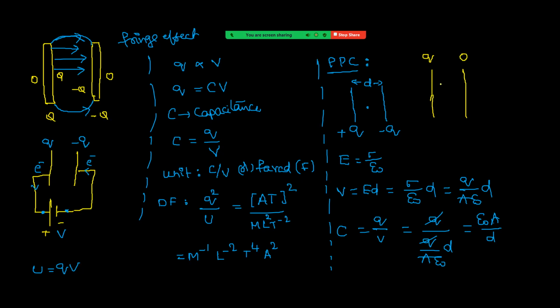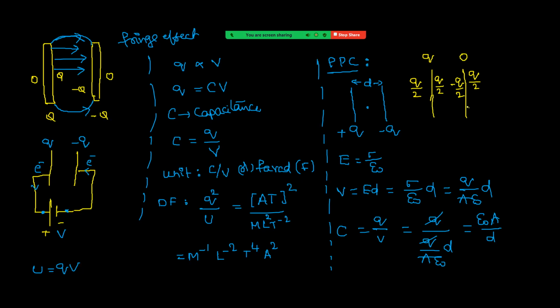See now what happens, distribution of charge. Outer plate Q by 2 and here also Q by 2. Inner plate Q by 2 and this will be minus Q by 2, right? This is now the distribution of charge when Q and 0 are given.